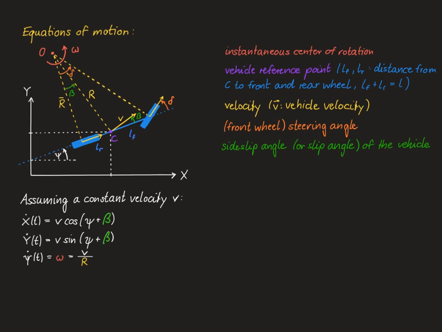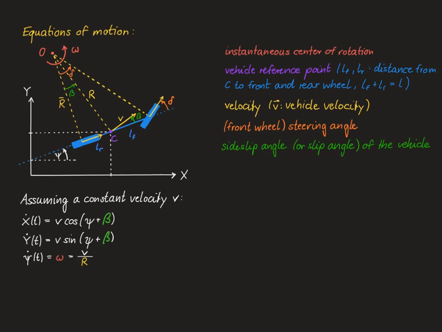To see this, note that this angle here is 90 degrees, and hence this angle has to be 90 degrees minus delta. Now, if you look at this triangle, this angle here is 90 degrees. This angle is 90 degrees minus delta, so this angle up here has to be equal to delta.